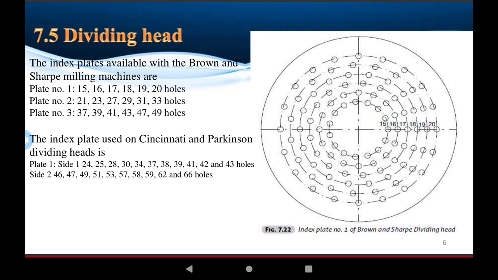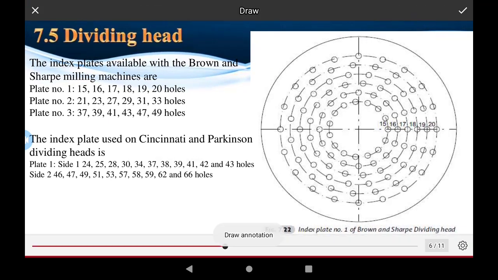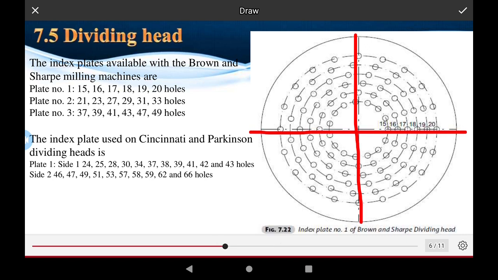Suppose this is the worm, and this is the center of the worm plates. This is the worm shaft, and these wheels are also wound on the worm shaft.